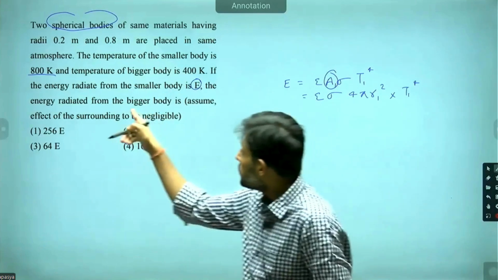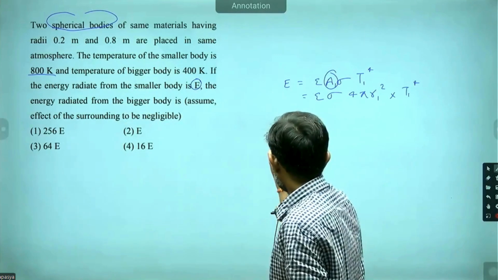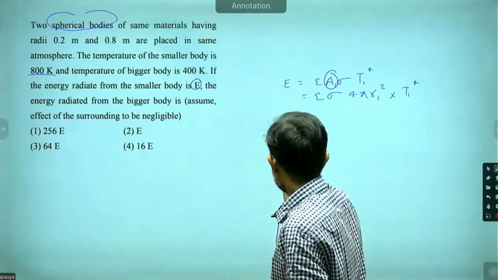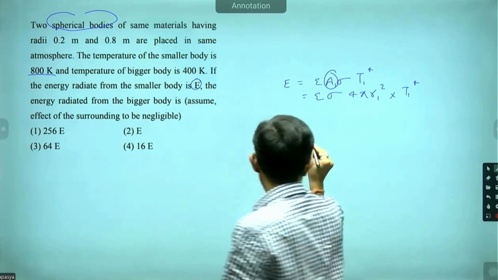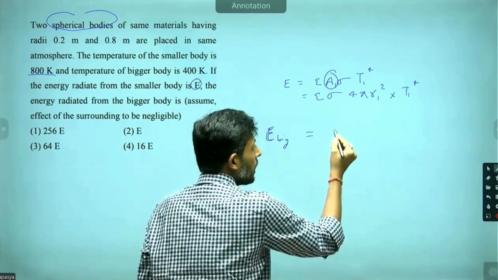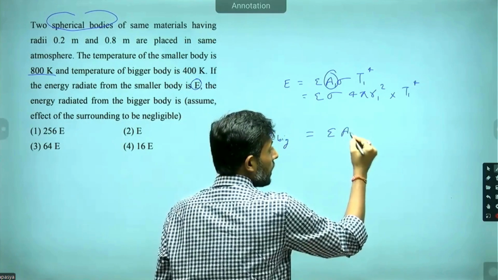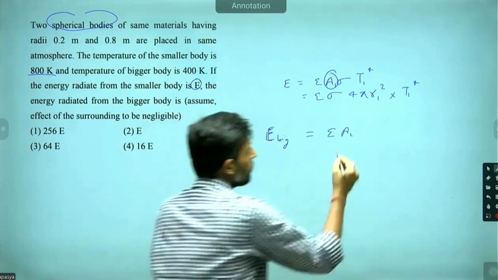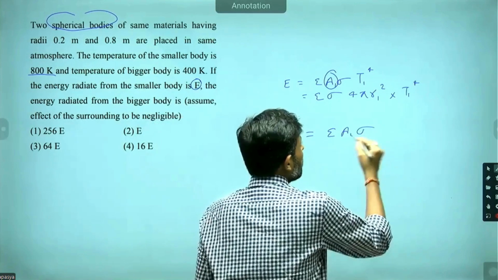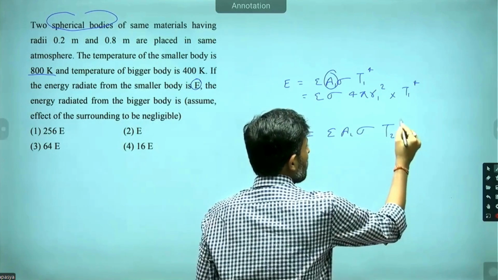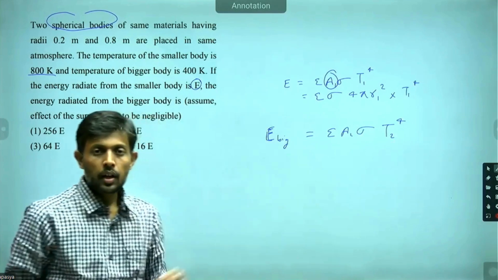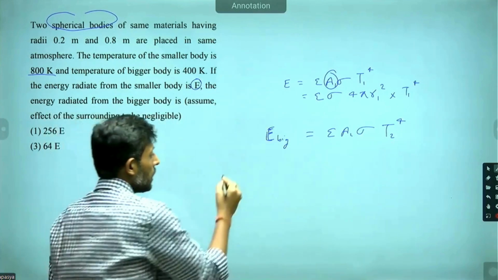So the energy radiated by the bigger body, this is what we have to find. E big is going to be epsilon, the surface area of the bigger body, Stefan's constant, temperature T2 to the power 4. Let's find their ratio quickly.